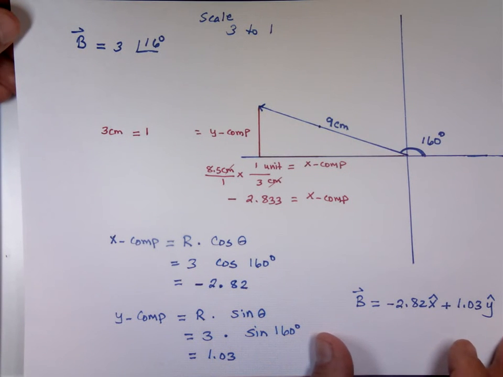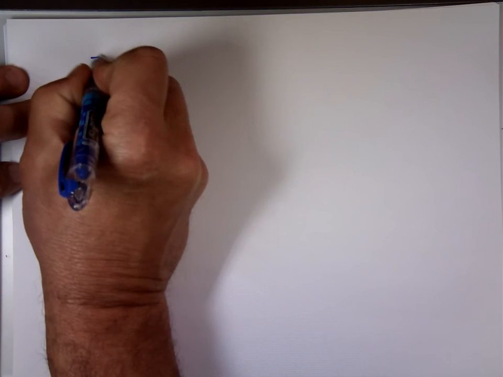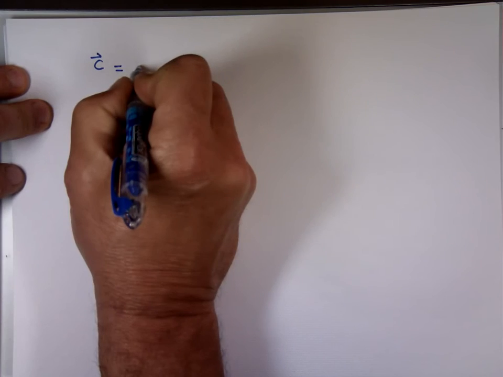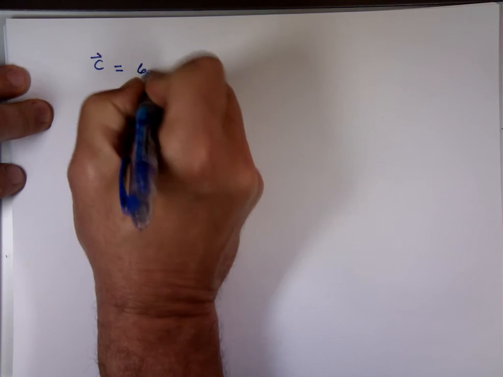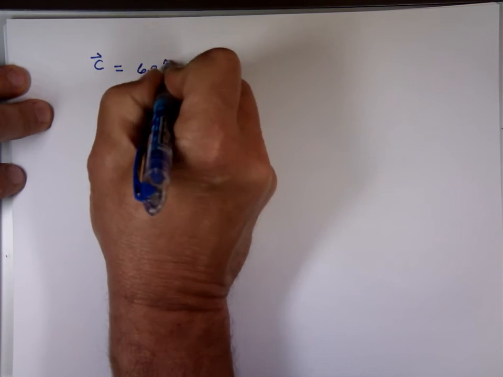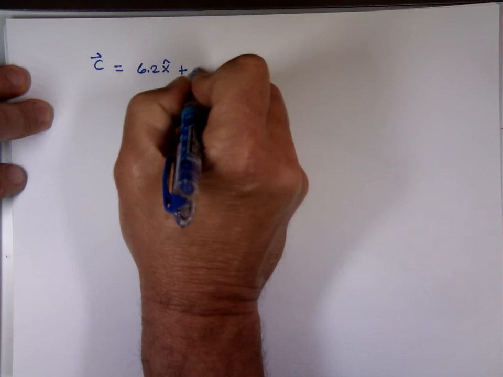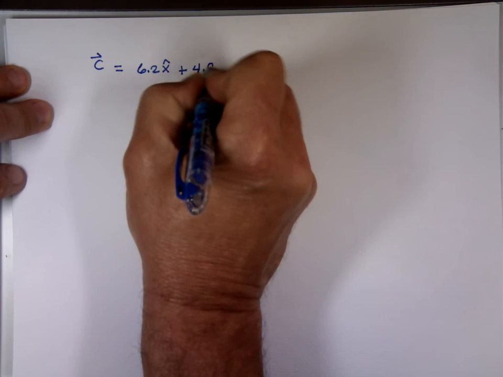Now let's do the reverse. Let's say we have vector C, which has 6.2 units in the x direction and 4.9 units in the y direction.